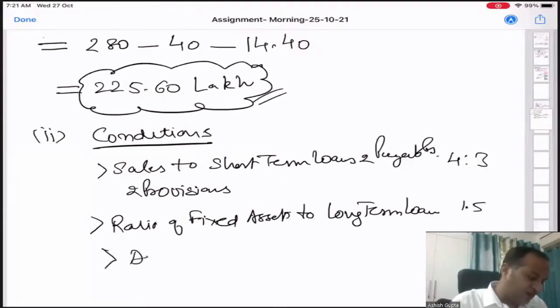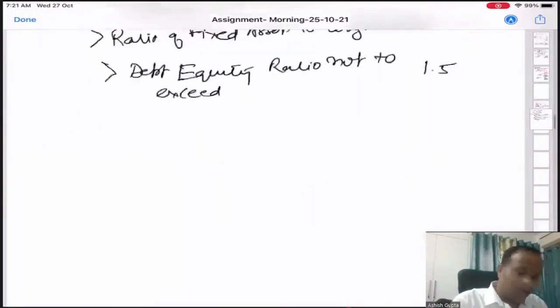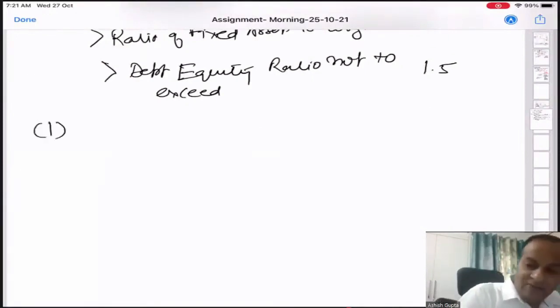And the last is the debt equity ratio, which should not exceed 1.5. Now student, we have seen all these conditions. Now we see how much amount we have to raise from the short-term loan. Amount to be raised from the short-term loan.